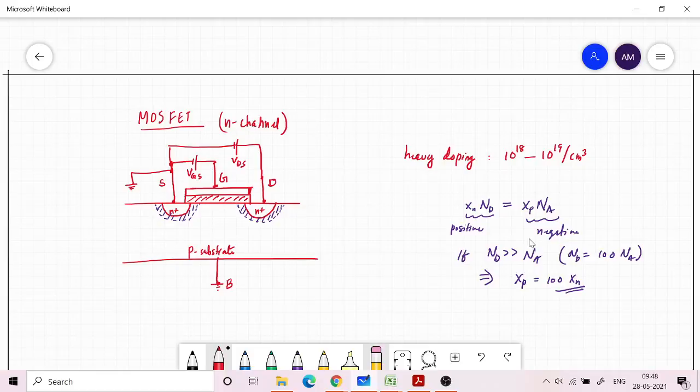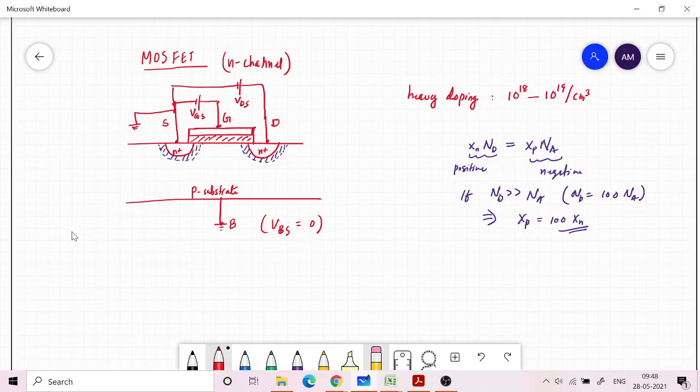Okay, so let's assume that we will consider the case where VBS is equal to 0. So the bulk terminal voltage also we are specifying in reference to the source. So source is like the reference when we discuss the operation of a MOSFET. Okay, so now, how does this work?